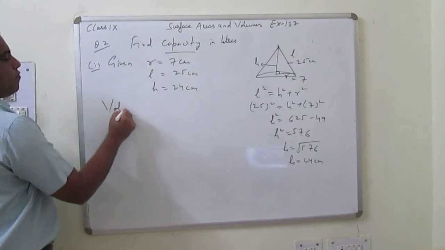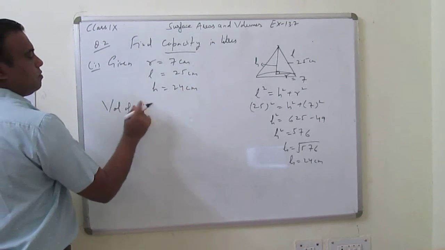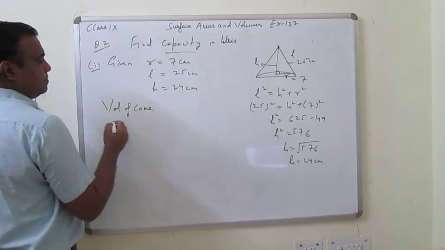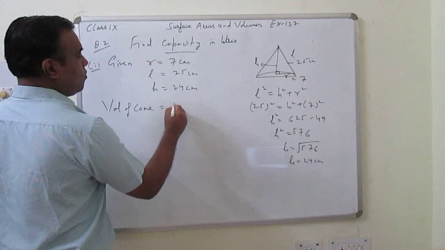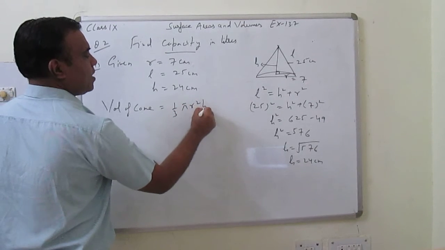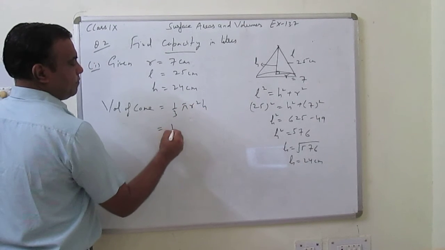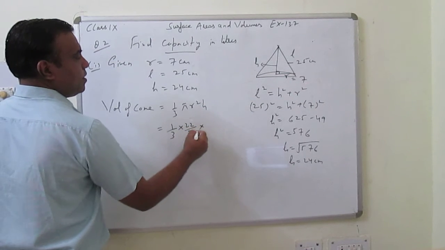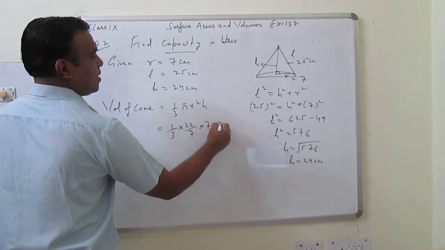So volume of cone या कैपेसिटी लीटर में निकालेंगे। So volume of cone is 1/3 pi r square h cubic unit, 1/3 into 22/7. What is r? 7 into 7.